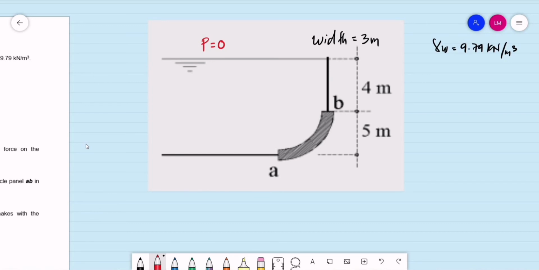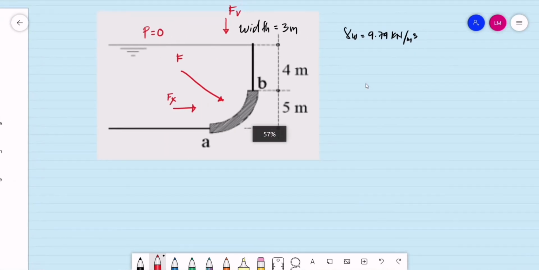Since we have a curved surface, naka-incline yung force, so meron siyang vertical component, F sub B, and corresponding horizontal component, F sub X.